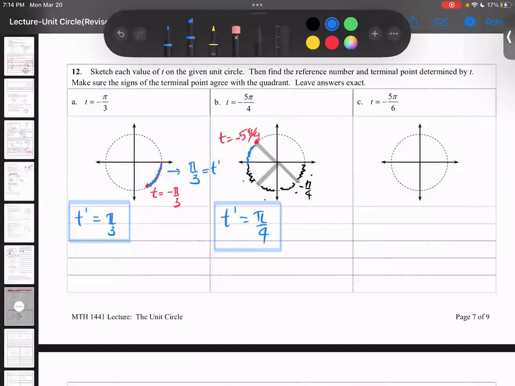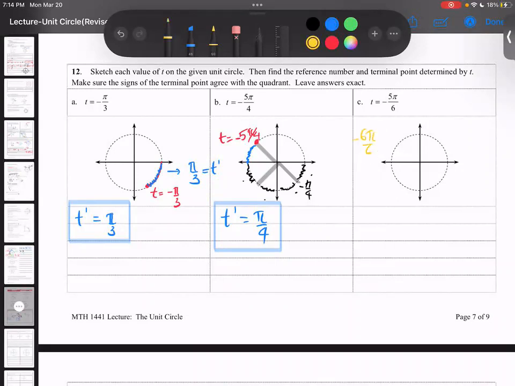Let me show you another trick to determine the angle using radians. Well, you can change it into degrees, right? But let me just show you a trick. It's really difficult for me to visualize how much is negative 5 pi over 6. But what I know is negative 6 pi over 6. Don't write that down.